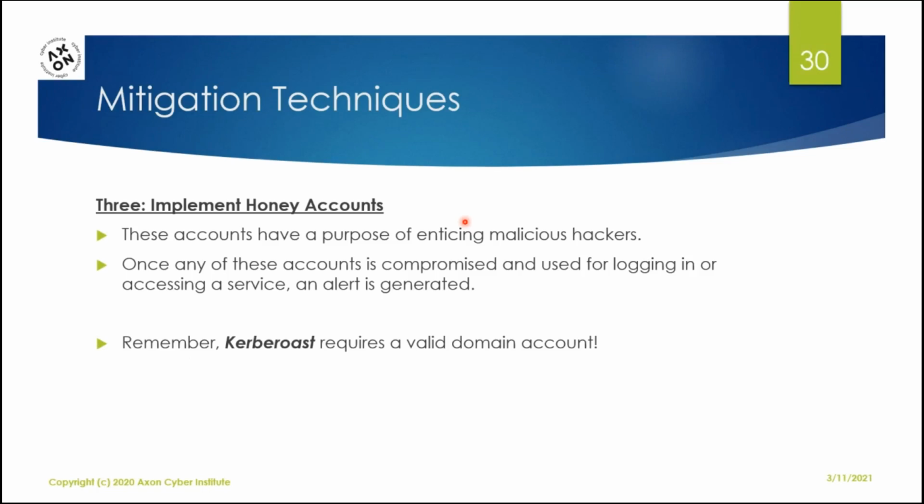It gives you a sure sign of compromise, because you make these honey accounts and no one legitimately on your network is using them. So any sign of usage of a honey account is a sign of compromise. A hacker compromises a honey account and then tries to access Kerberos in order to do Kerberoasting or attack any other accounts. So honey accounts are something you can consider.